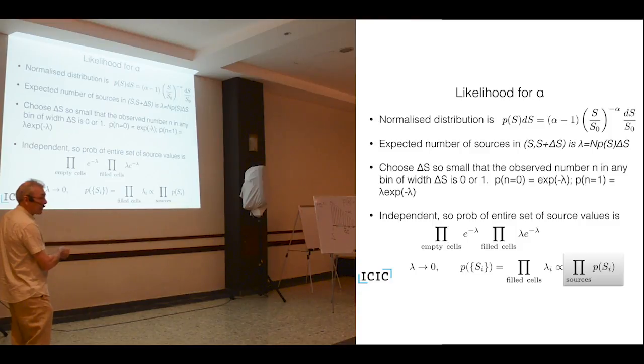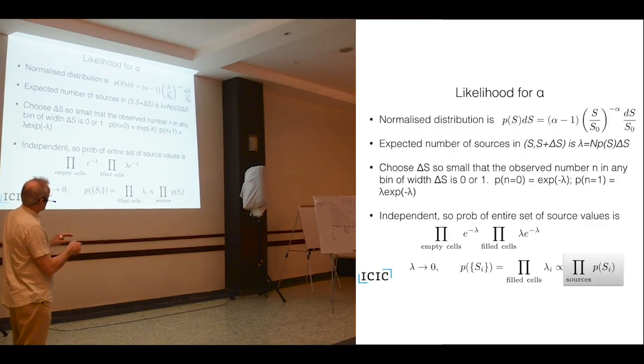I haven't put the conditional on alpha here. Conditional on alpha and n, I guess, would be the correct thing. So we just need to multiply the probabilities of the lambdas, and you'll see that the lambdas depend on P of S, but they also depend on n and delta S. The delta S is not important because it's not a function of alpha.